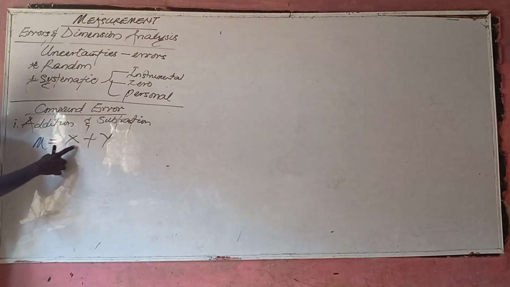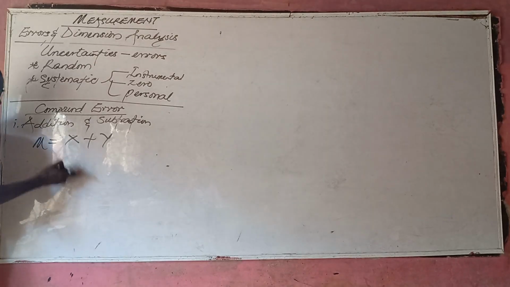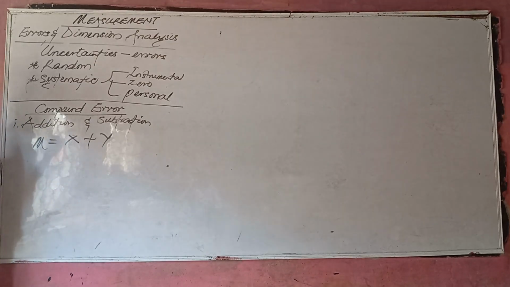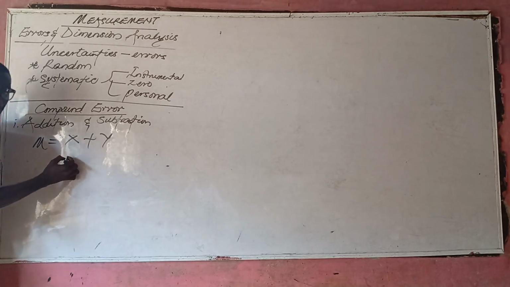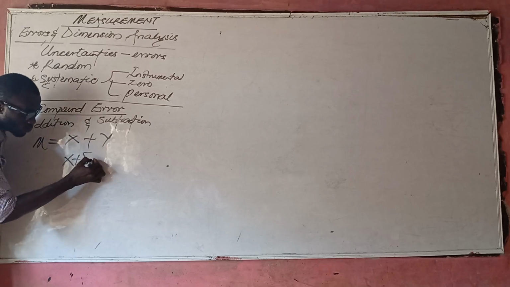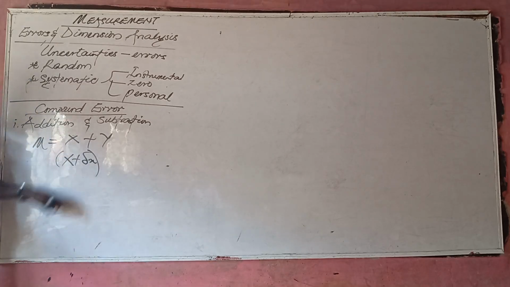If you commit a small error in this x, instead of measuring 2, you measure 2.1. It means that your x is no longer x; it is now x plus a small value dx. We use dx to represent a small addition to x.